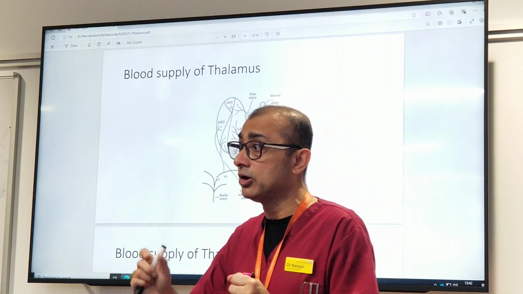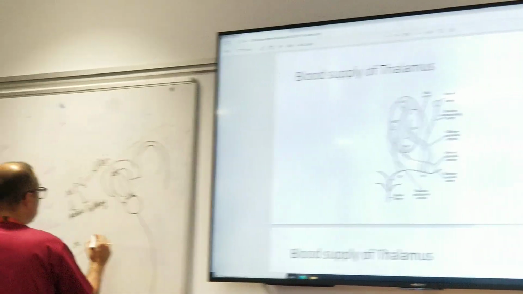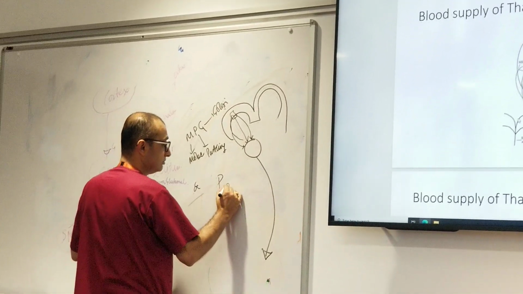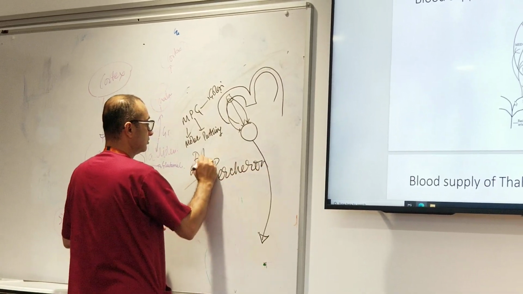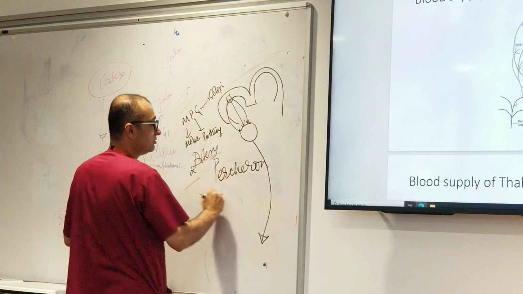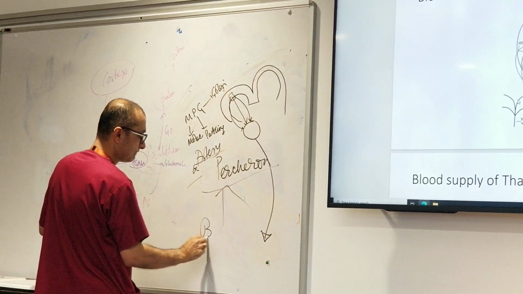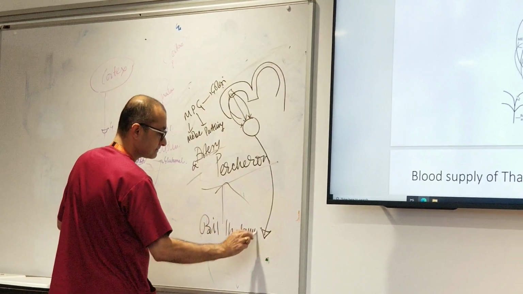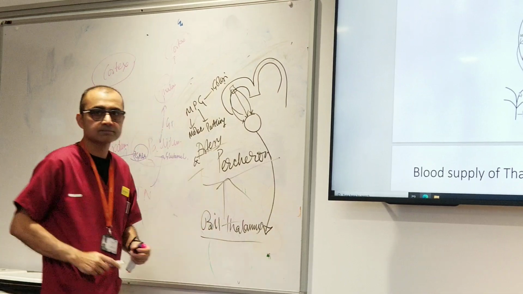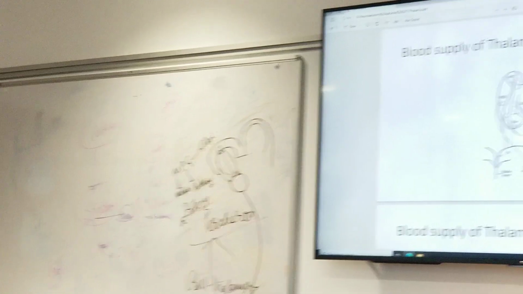So one artery blockage, artery of Percheron, will cause bilateral thalamic damage. And the patient can present with drowsiness. So that's all you need to know about this.